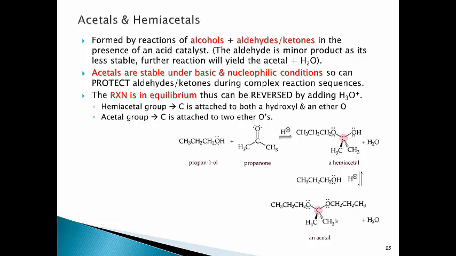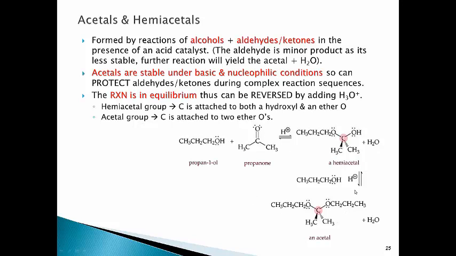So acetals are stable under basic and nucleophilic conditions, but they are not stable under acidic conditions. So when they're under basic or nucleophilic conditions, it's a way of protecting an aldehyde or a ketone. So they're used as protecting groups. The way you remove your protecting group is by putting it under acidic conditions, and then you will regain your aldehyde or your ketone that you had initially.